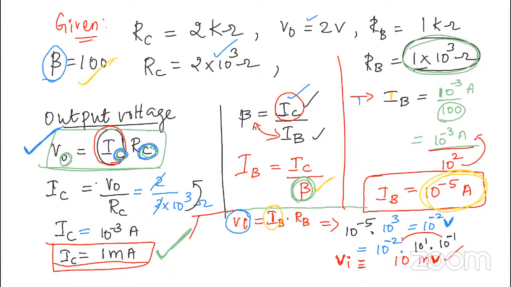Okay, 10 millivolts. Okay, in the option வருது, it is option D. Okay, for that problem, option D is the right one.